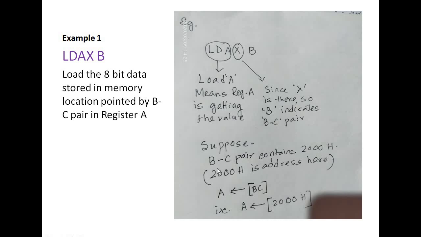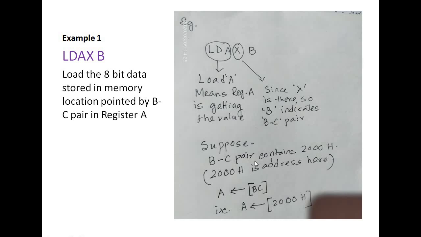Now suppose the BC pair is a 16-bit register pair. It will contain a 16-bit address. For example, suppose the BC pair contains 2000. So 2000 is the address here. Now if I write LDAX, X means register pair. I have already told, whenever you find X, that means the register is indicating a register pair. Now B is indicating what?